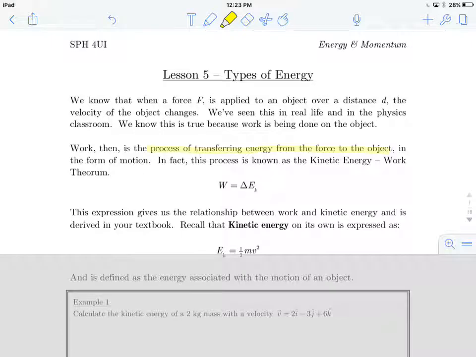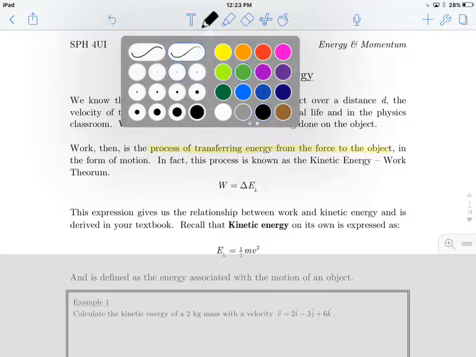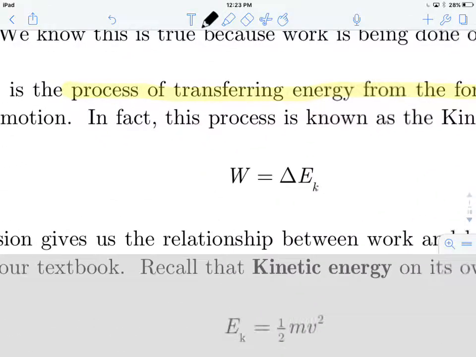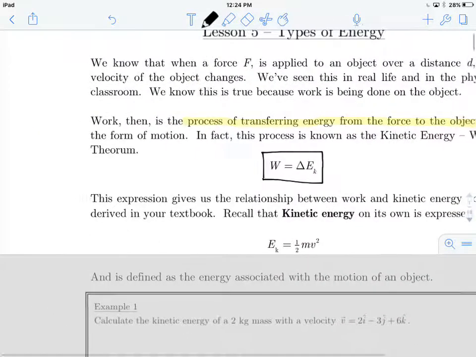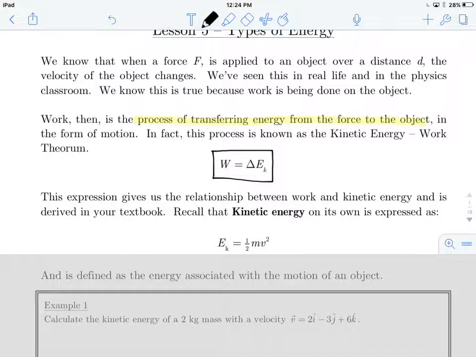Okay? And one of the first things that we see is the kinetic energy work theorem, which tells us that if we sum up all the different types of work that are being done on an object, that will change the kinetic energy of the object.